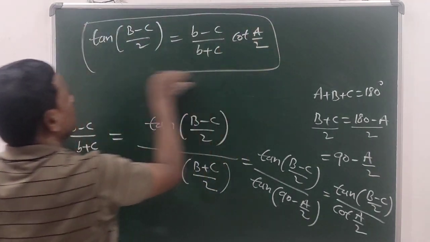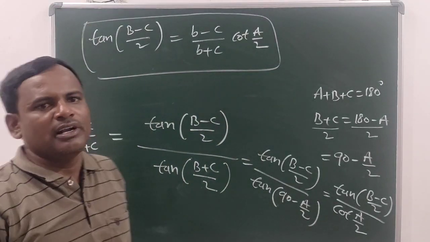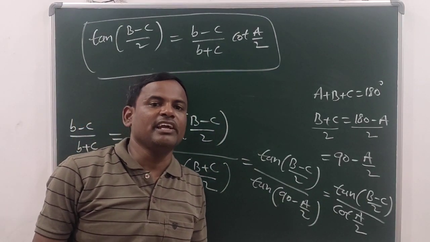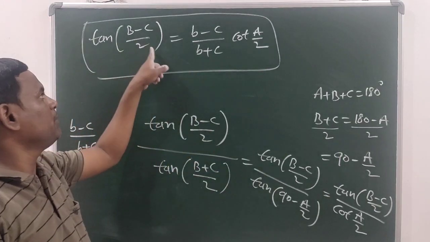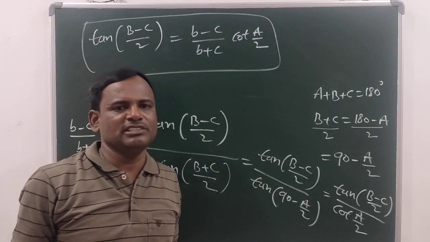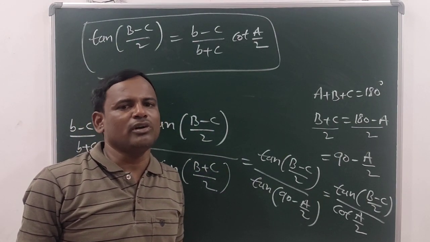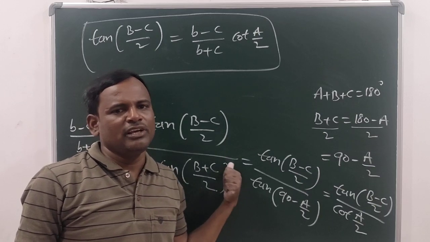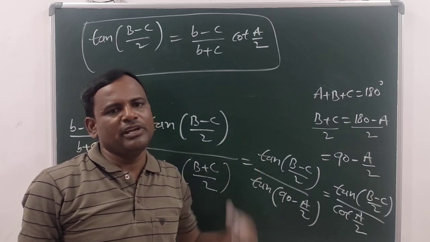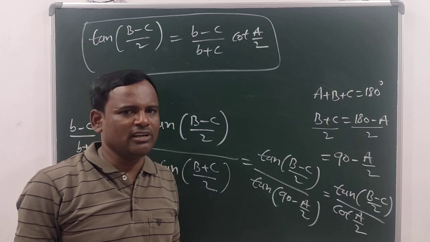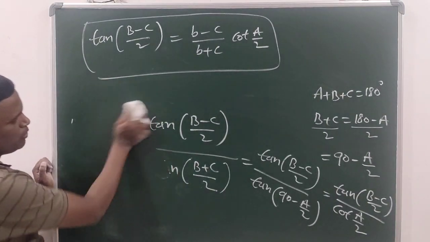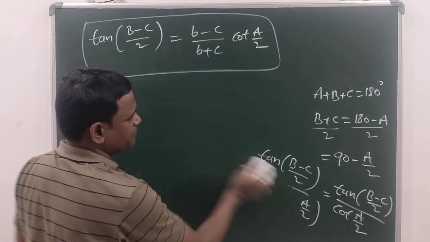So this is the tangent rule. In a triangle ABC, tan of (B minus C) by 2 equals (B minus C) by (B plus C) into cot A by 2. Similarly, you can prove the remaining two tangent rules. Right. Now let us go to the projection rules.